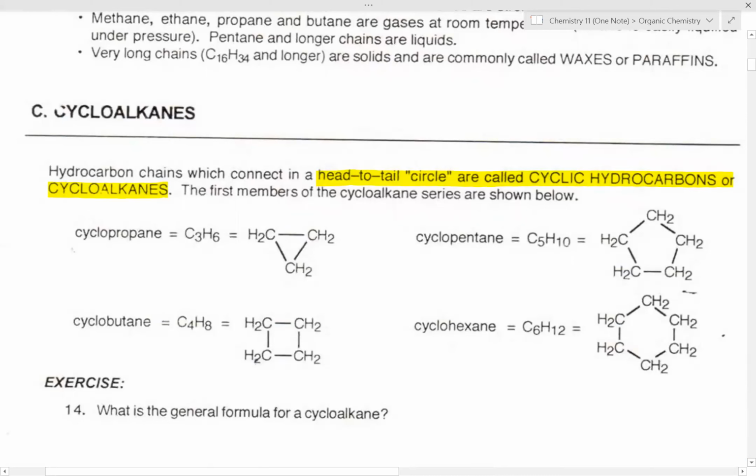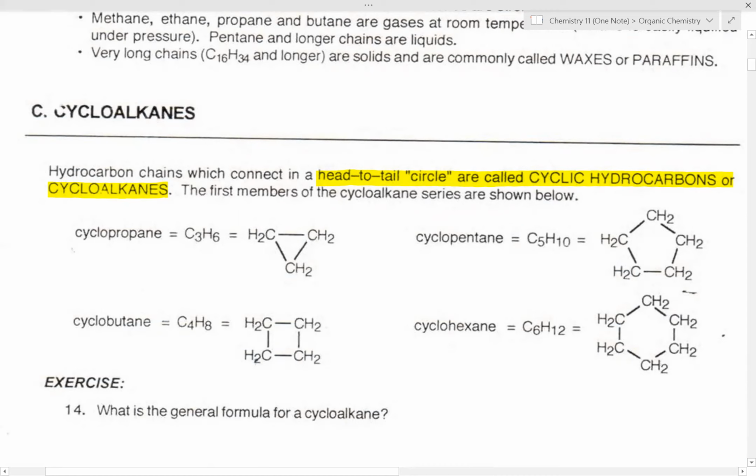Here is cyclopropane, upper left. Propane means 3 carbons. The cyclo means that they are forming a circle. The A and E means that it's all single bonds. This is cyclobutane.